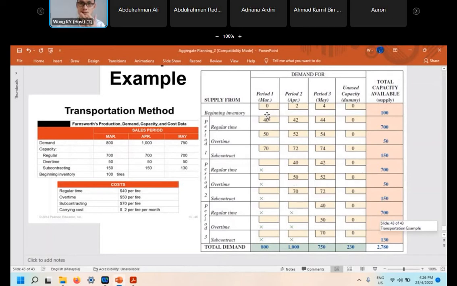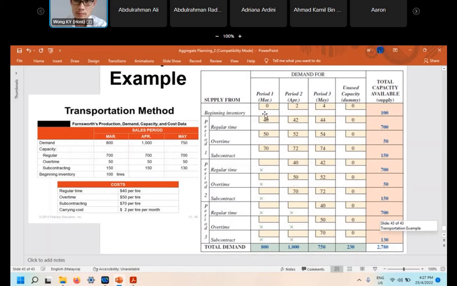Can I assign 800? Means I want to have 800 here. Demand is 800, capacity is 100. So can I assign 800 over here? The answer is cannot, okay, because we only have a capacity of 100 units.